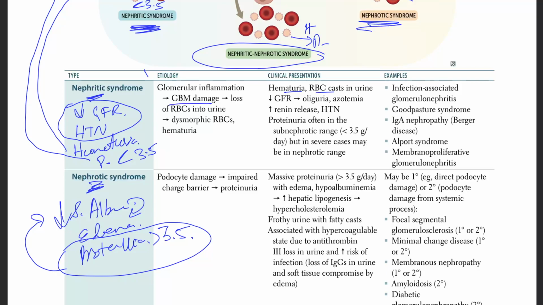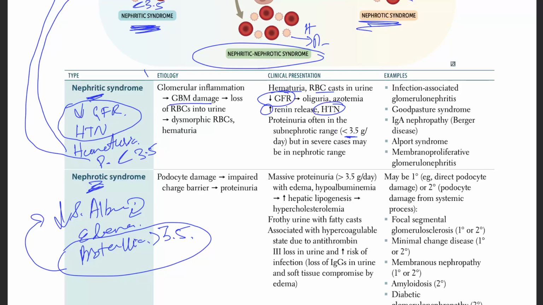Hematuria means a lot of blood, so RBC casts definitely, decreased GFR definitely, and hypertension and increase in renin leading to hypertension. Proteinuria is often in the subnephrotic range, less than 3.5, but in severe cases maybe in nephrotic range. Well, just remember less than 3.5.